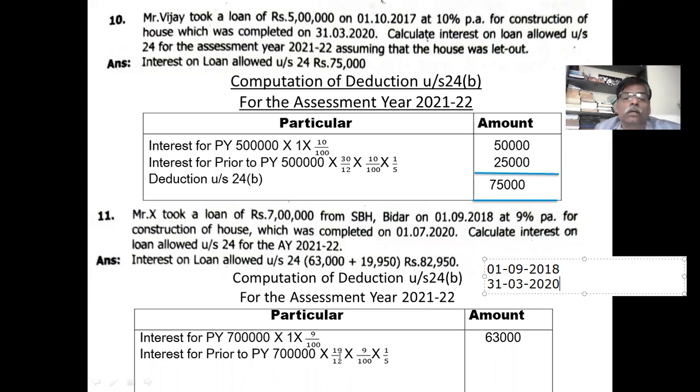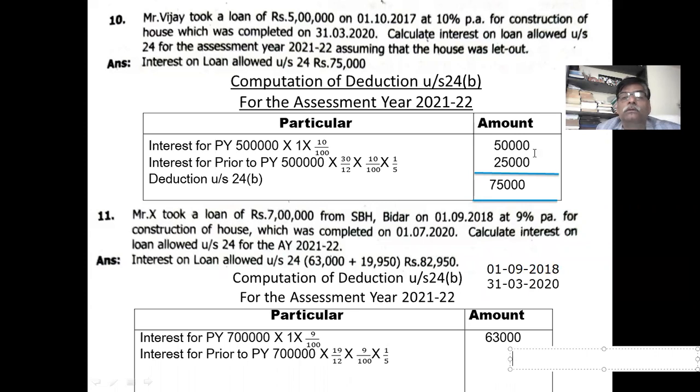19 months divided by 12, into rate 9/100. And then you take 1/5. 1/5 is applicable for prior to previous year. You apply this equation, your answer is 19,950.